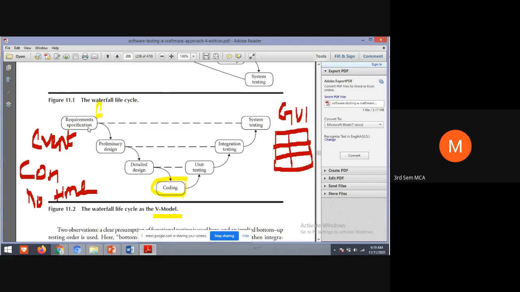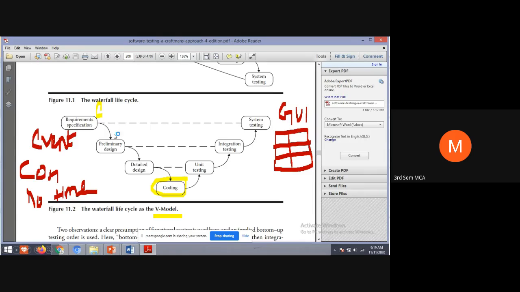Then the next step is coding. In the second module also we have seen, and I am telling again, these are the three phases where we can commit mistakes. These are the phases where errors can occur: requirement specification, preliminary design, and detailed design.